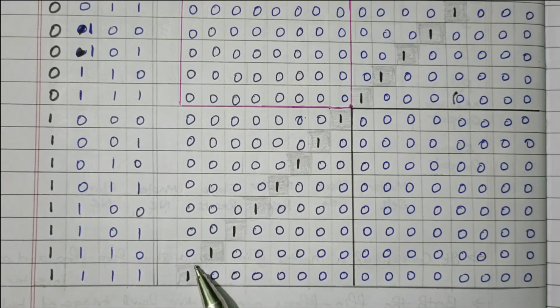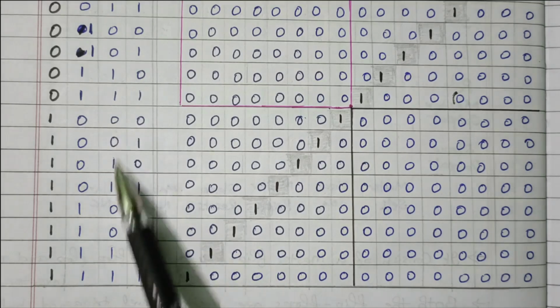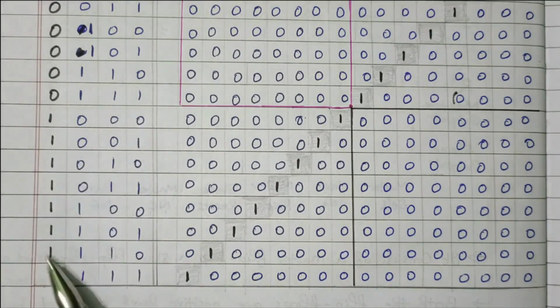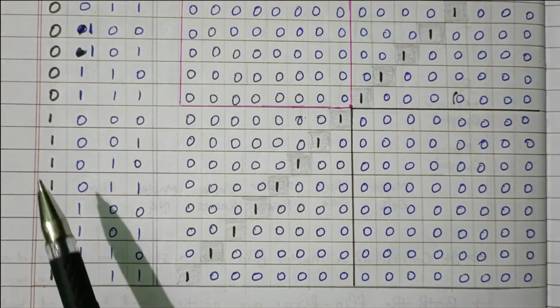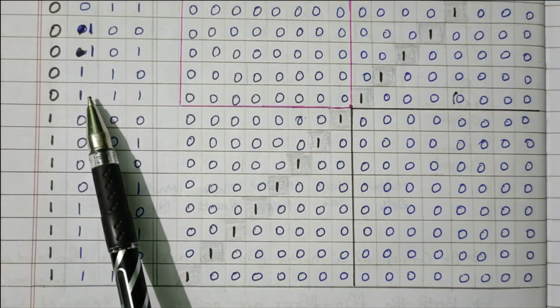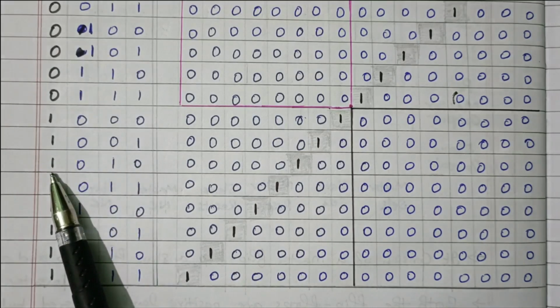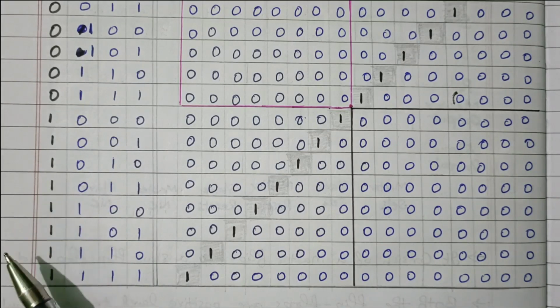So we are getting these 8 different outputs because of these 8 combinations of ABC when D equals 1. Right. When D equals 0, we get 8 different outputs, D0 to D7. When D equals 1, we get another 8 outputs, D8 to D15. So in total we get 16 outputs, D0 to D15.